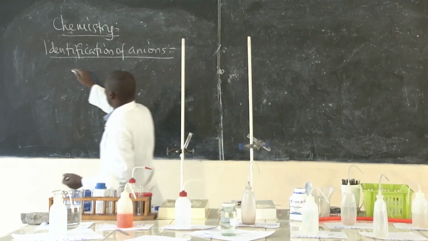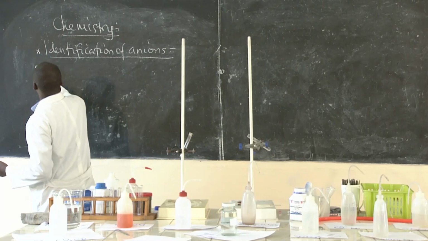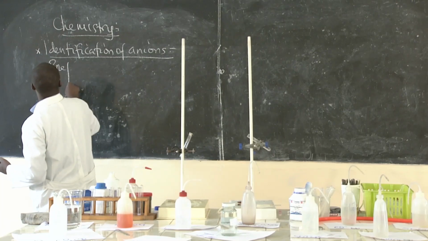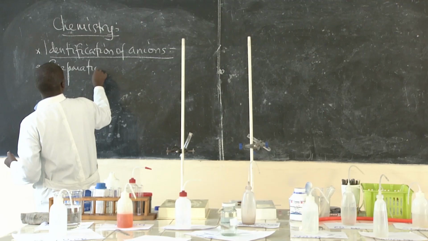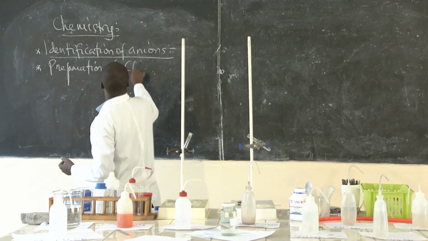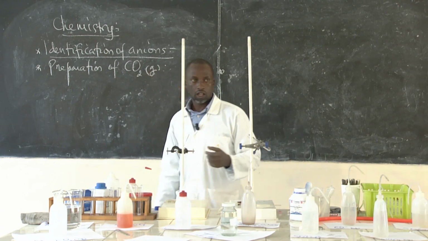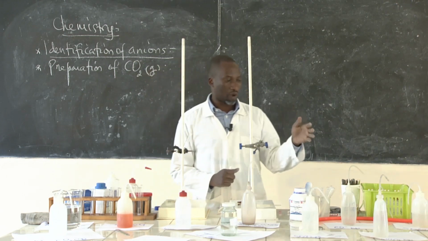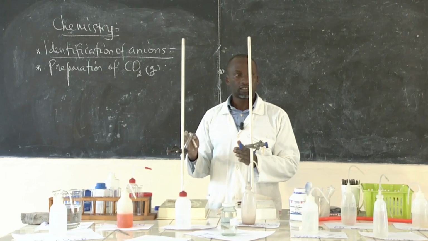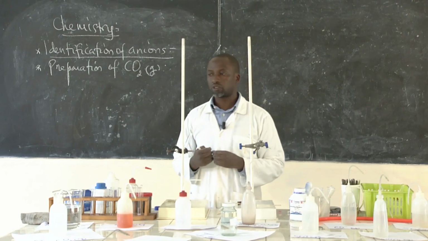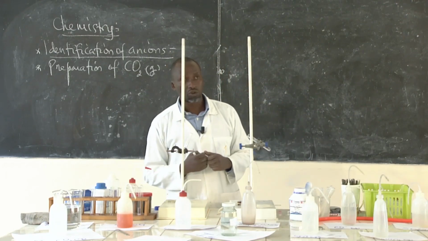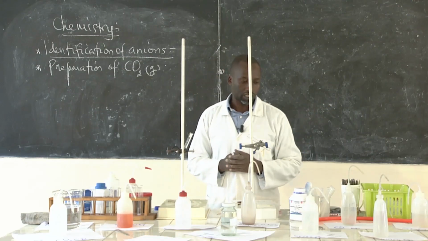And then we'll also look at the preparation of carbon dioxide gas. If we are preparing carbon dioxide, then we'll have to test for the carbon dioxide, and at the same time, that will be the carbonate that will be tested.